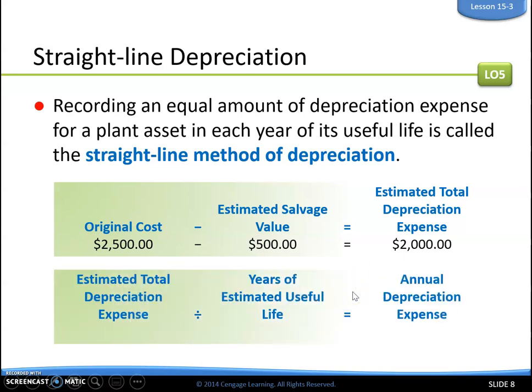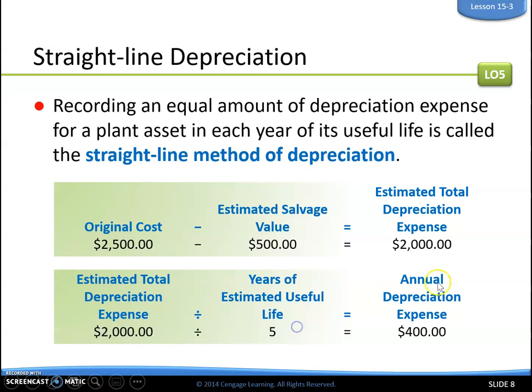Then we're going to take that estimated total depreciation expense and we're going to divide it by the years of estimated useful life. So we figured out how long we are estimating we will own it or use it.